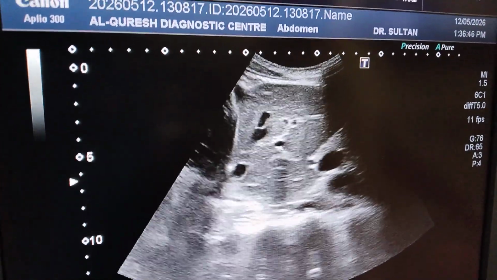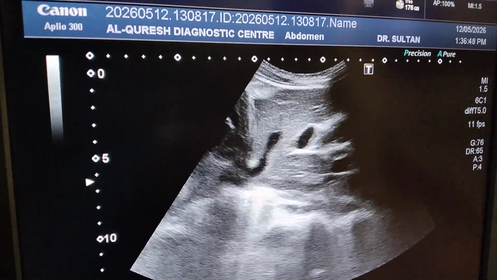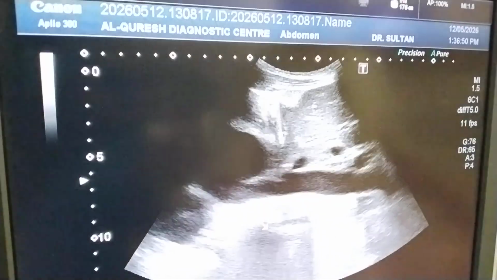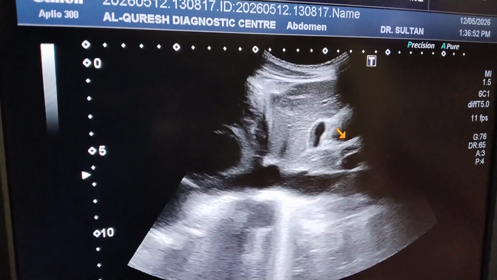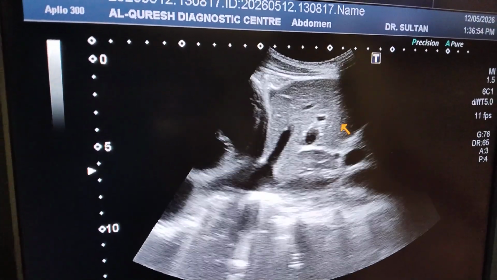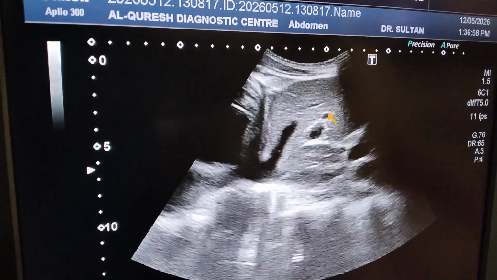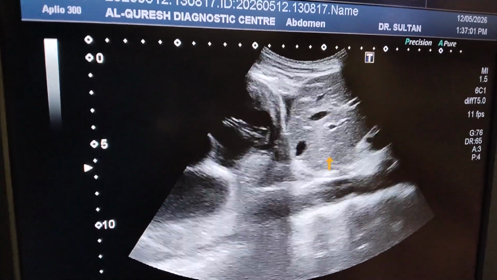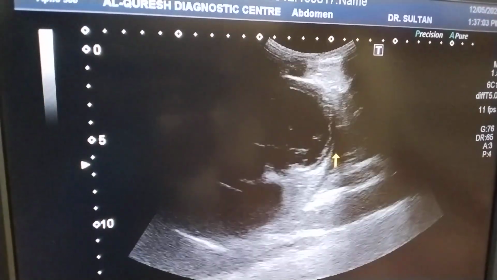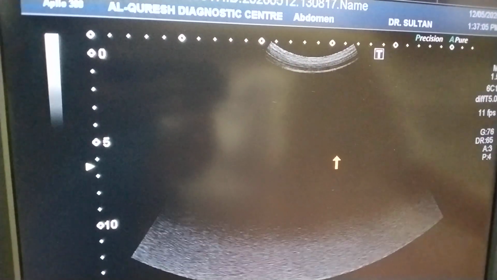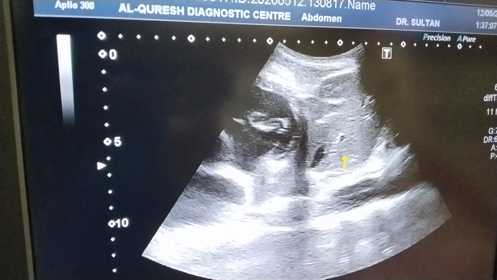abdomen of the patient. Here we can appreciate this is the left lobe of the liver, and I have placed the probe at epigastric region.